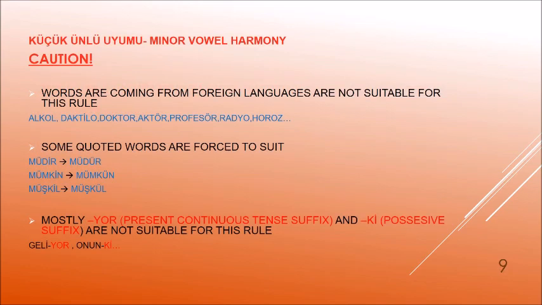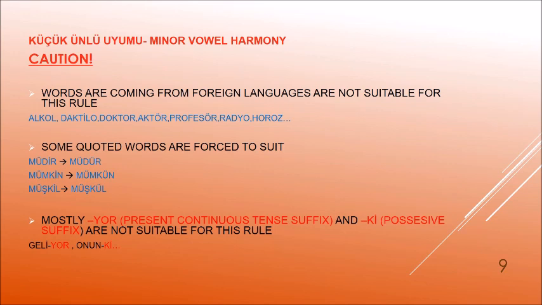We also have exceptions for minor vowel harmony. So let's see the first rule together. Words coming from foreign languages are not suitable for this rule, such as alkol, daktilo, doktor, aktör, profesör, radyo, horoz. Our second rule says some quoted words are forced to switch. So the original word is müdir. It becomes müdür to fit minor vowel harmony. The second example is mümkün.